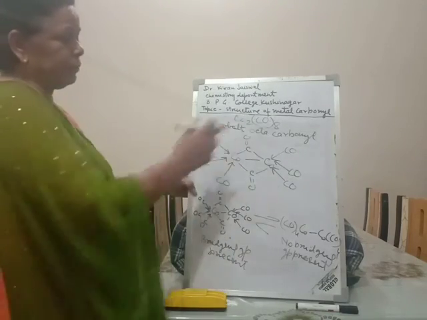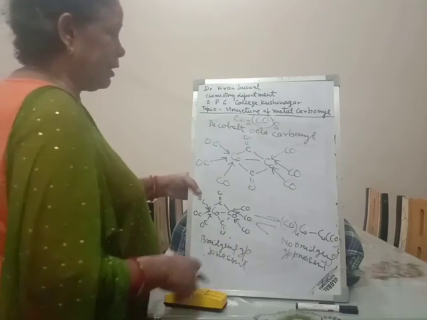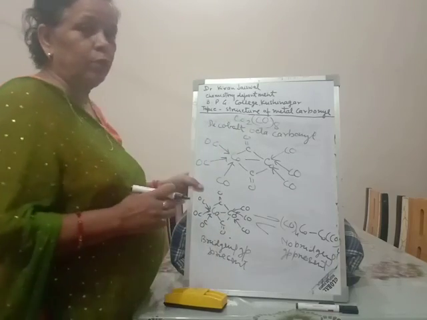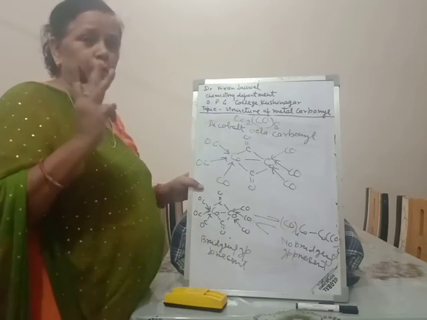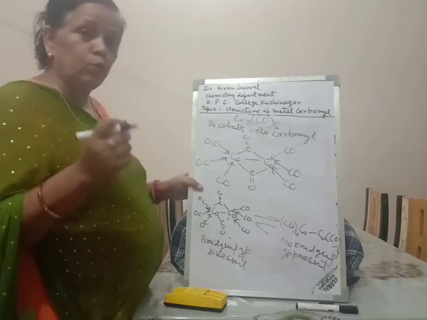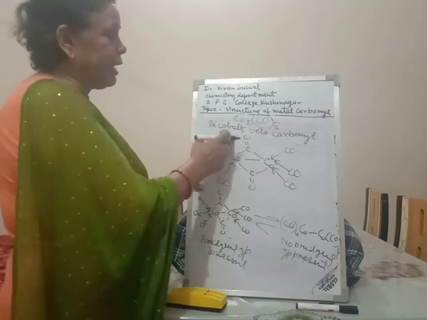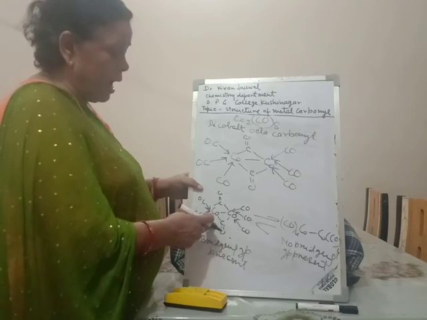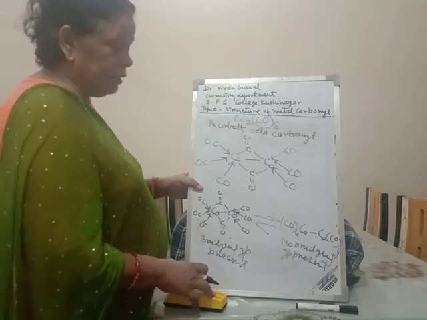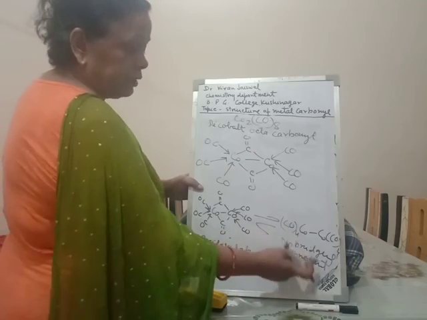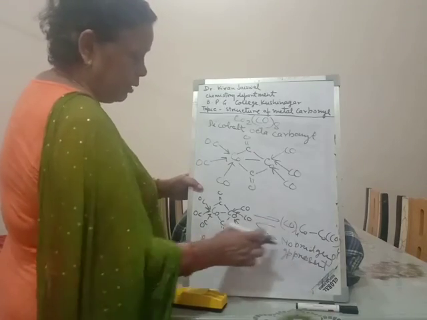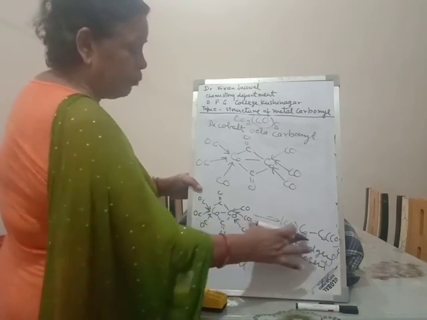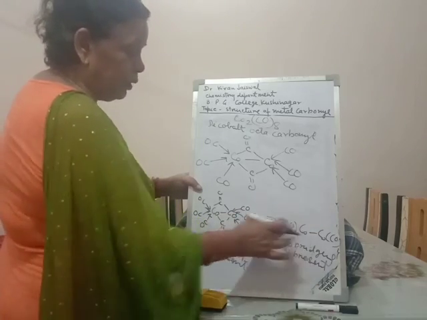This is the structure of dicobalt octacarbonyl. Here, in solution, dicobalt octacarbonyl exists in two isomeric forms. One form is similar to that in the solid state, and it has the two bridging groups. The other form has no bridging group, it occurs at high temperature, and both forms are in equilibrium with each other.